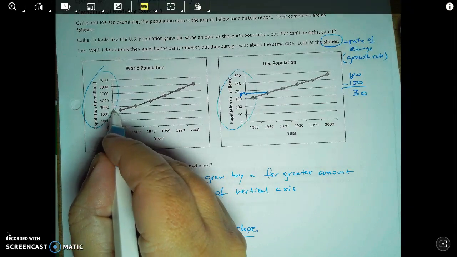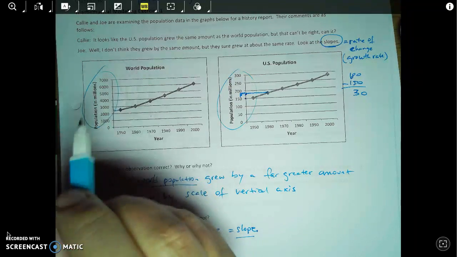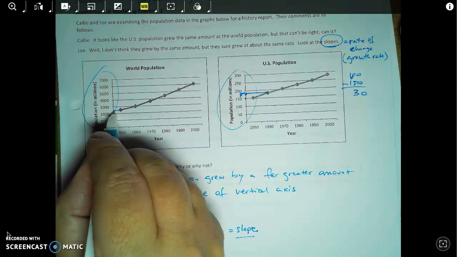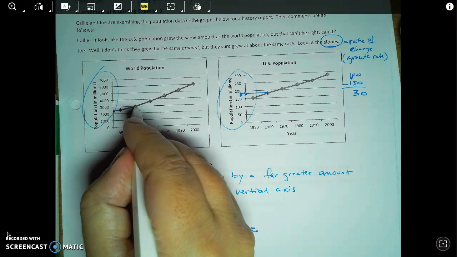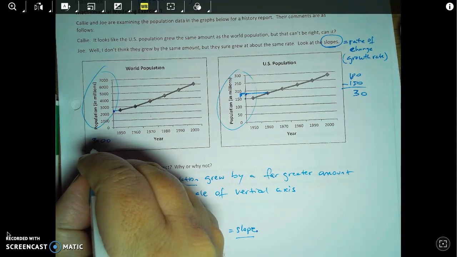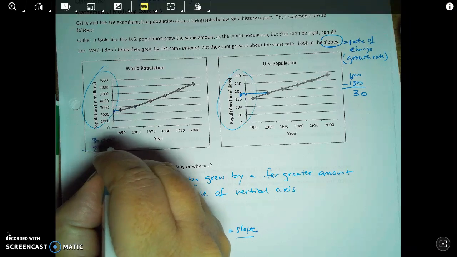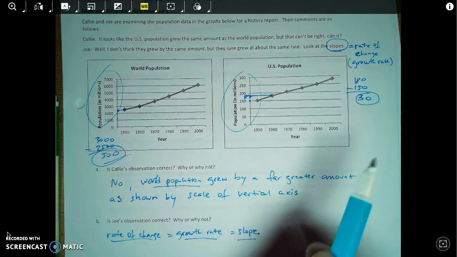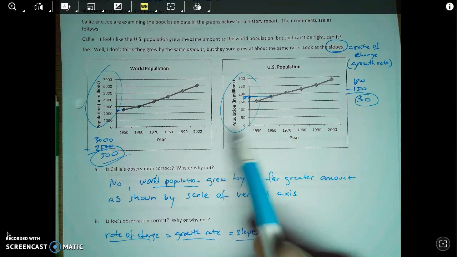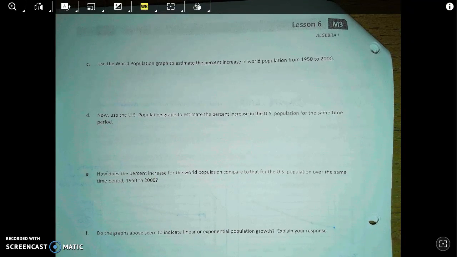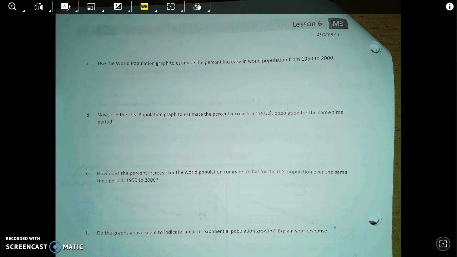Whereas from this point on the world population, let's say from 2000 to 2500, we grew by 500 million. There's quite a big difference between 30 and 500. So these are the rates of growth for both. We're going to answer question C together, and then I'll let you answer question D.